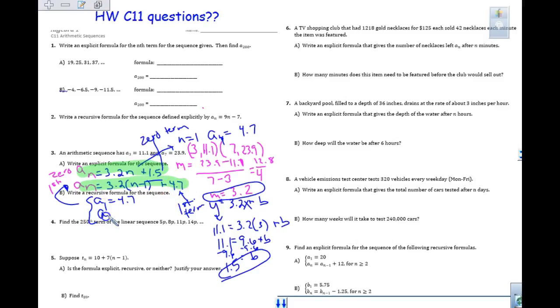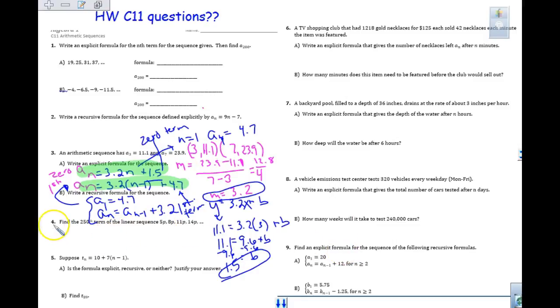And then when I look at this, to find the previous one, that's a sub n minus 1. And what was my constant rate of change? That's the plus 3.2. So if I was given this, the second one is the easiest one to write. If I'm only given the points, I might use the first one. Does that make sense? You can go between the two and it just depends which one is easier for that problem.